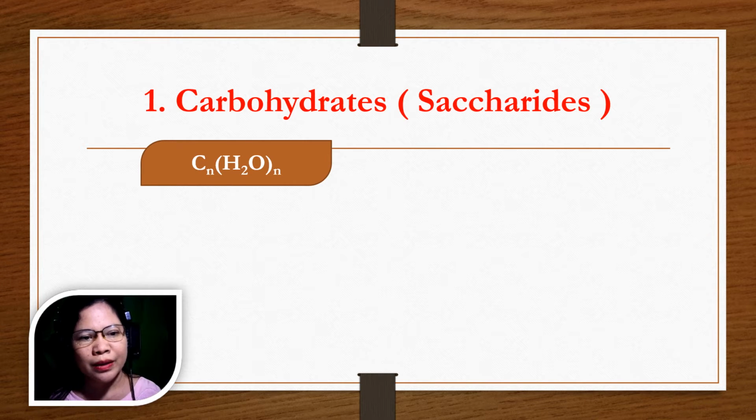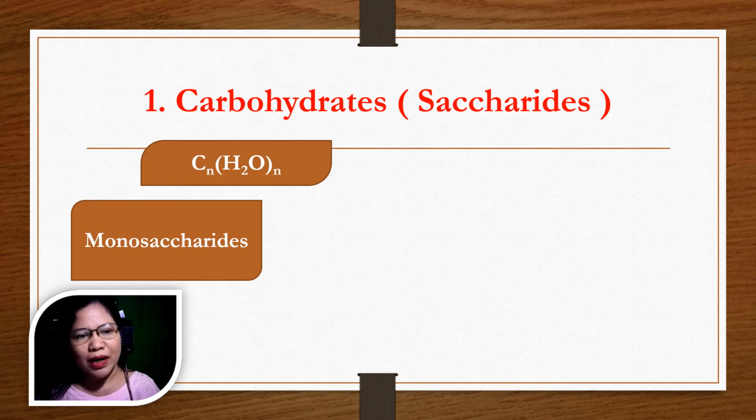If you are familiar with the formula of sugar, since sugar is a type of saccharide, the formula of sugar is C6H12O6. So in this example, there are three elements present: carbon, hydrogen, and oxygen. Those are the important elements present in carbohydrates.